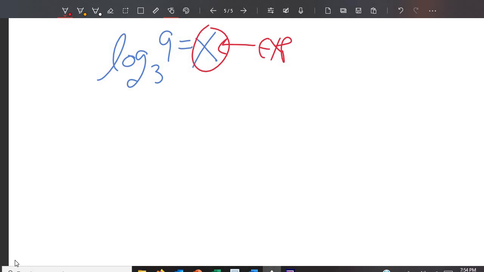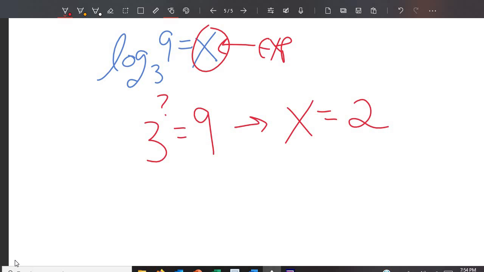So what you're trying to do is figure out what exponent I can attach to 3 that will give me 9. The base is 3, x is my exponent, and it's equal to 9. So, what would the x have to be in this case? Well, in order to get 9, the x would have to be 2.